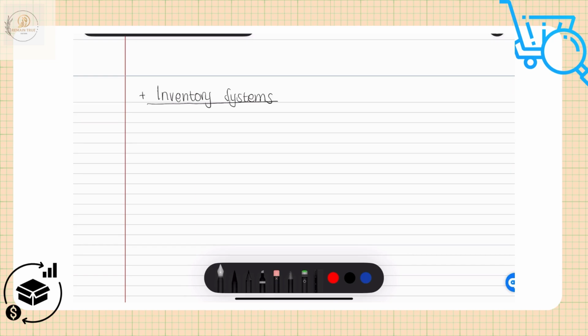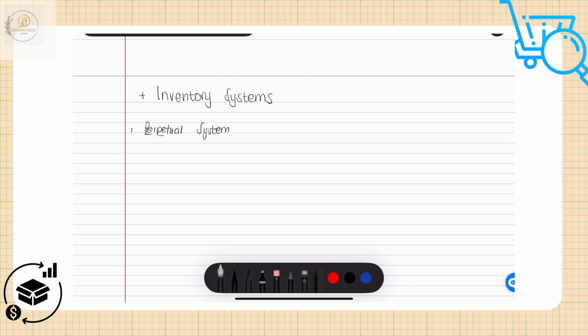The first system we've got is our perpetual system. The name says it, perpetual. It's repetitive.